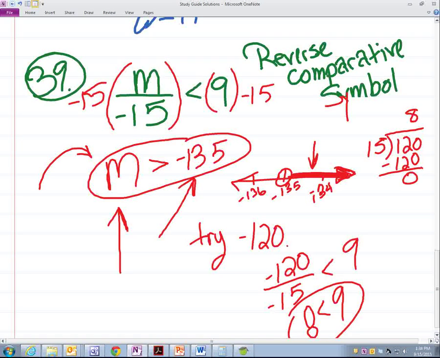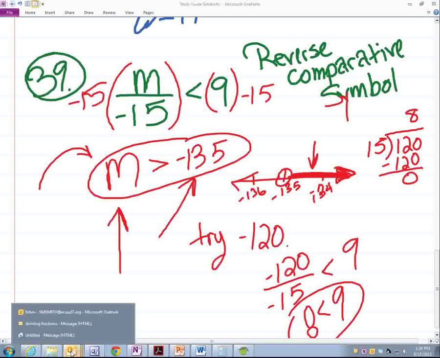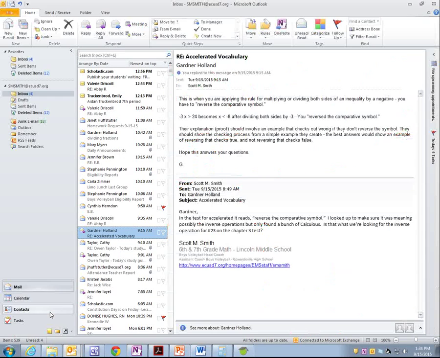Yes? The reverse comparative, let's see here. Here it is.